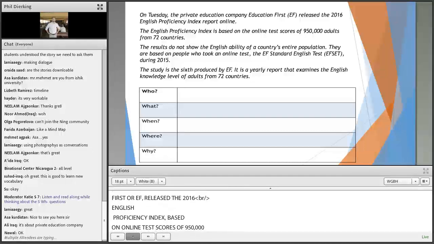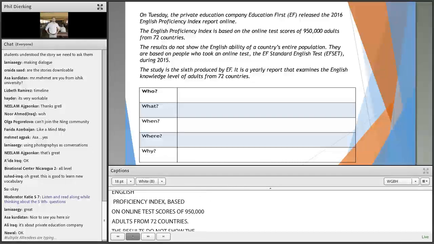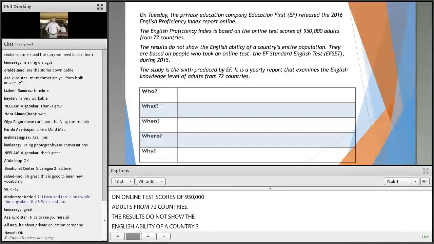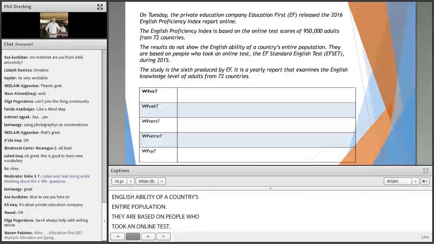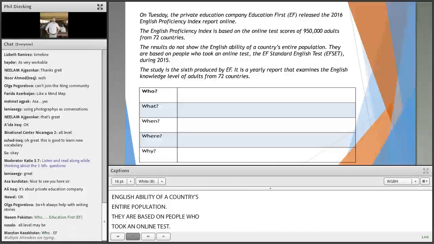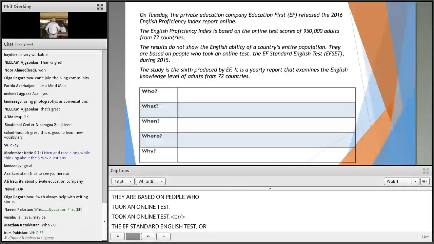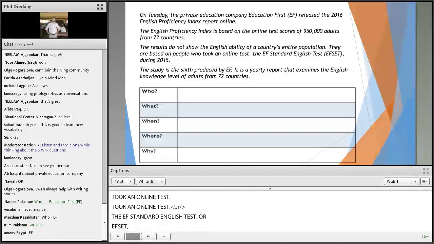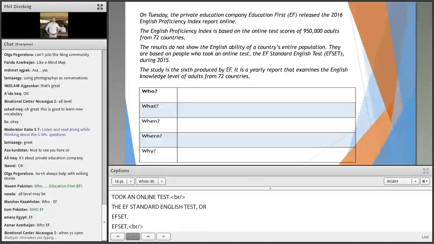The results do not show the English ability of a country's entire population. They are based on people who took an online test, the EF Standard English Test, or EF SET, during 2015. The study is the 6th produced by EF. It is a yearly report that examines the English knowledge level of adults from 72 countries.